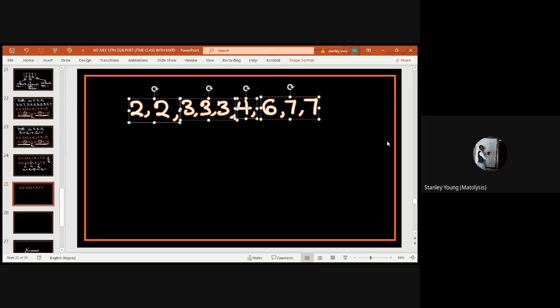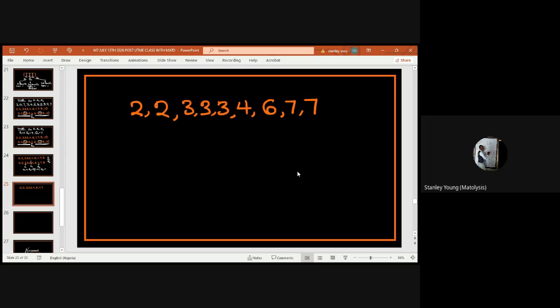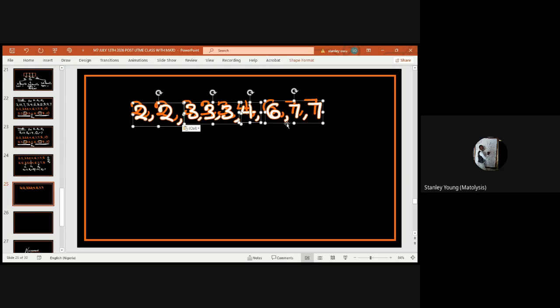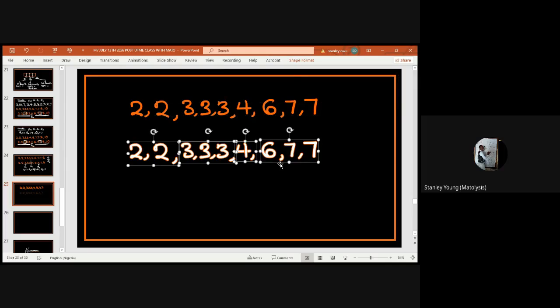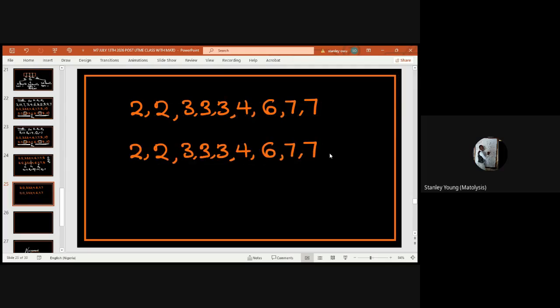What's the middle of this data? 3. That's correct. So the middle of this data is 3. So this is Q2. Now, who can give me the middle of what we have to the left?